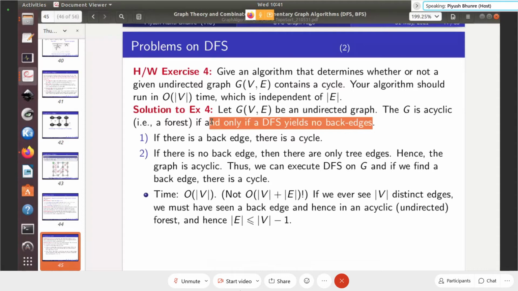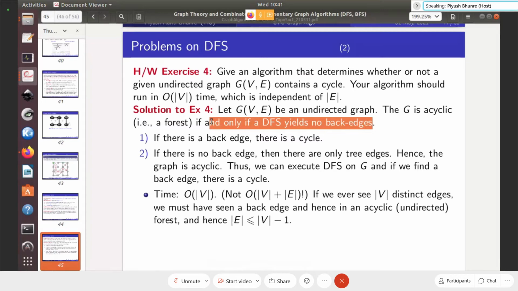So what is the number of edges there? If it is a tree, the number of edges will be the number of vertices minus 1, right? If it is a forest, with multiple connected components and acyclic, then it will be the number of vertices minus the number of connected components. So that should be the number of edges.